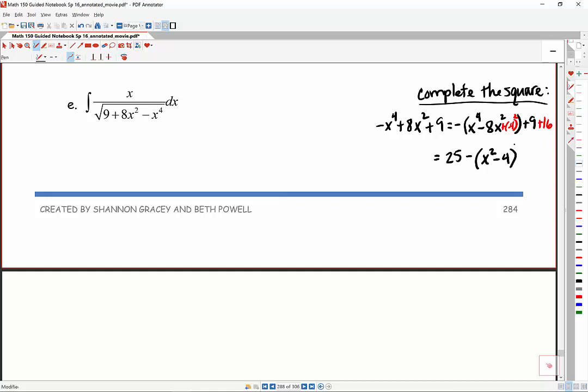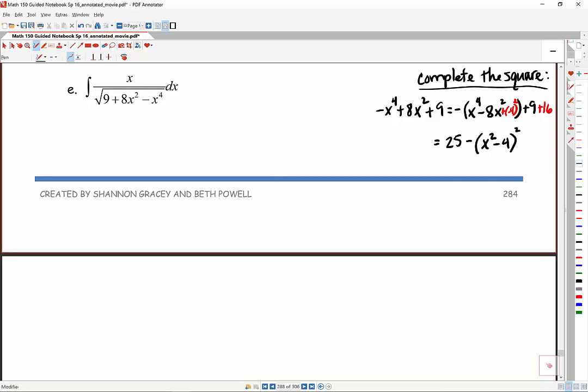Okay, so far? So that looks promising because we could let u equal x squared. du dx would be 2x. Isolating dx, we would have du over 2x, and our a would equal 5, because we have that 25, so this would be 5 squared minus x squared minus 4, the quantity squared.